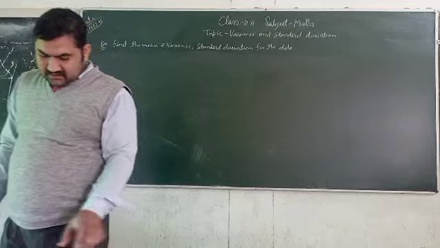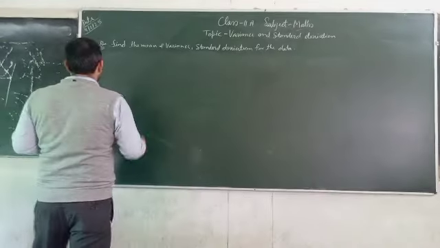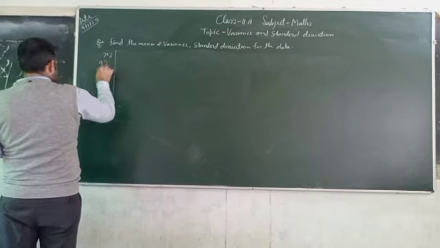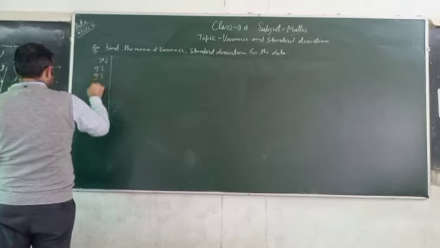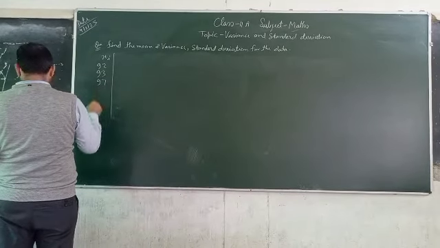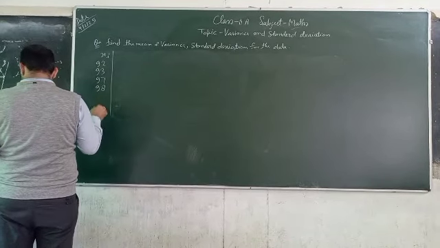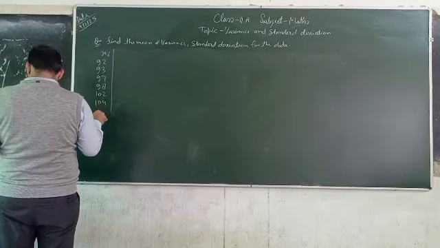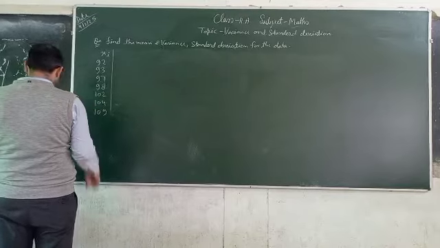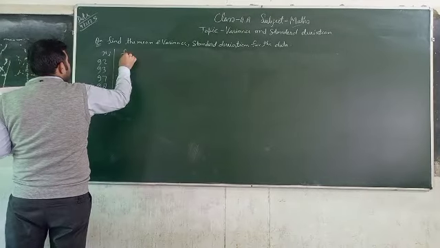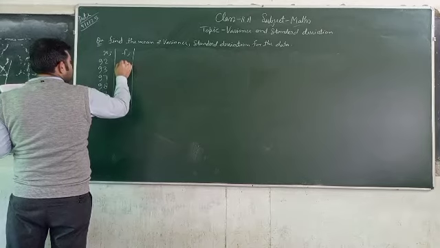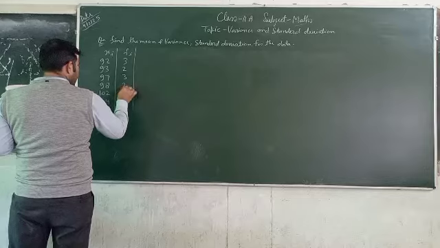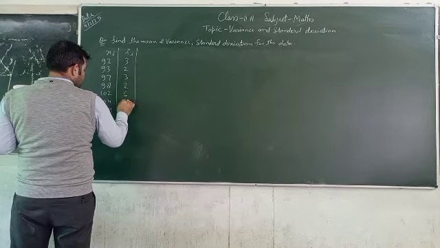are given. Now the data is Xi, and that is 92, 93, 97, 98, 102, 104, 109, and their respective frequencies are Fi, and that is 3, 2, 3, 2, 6, 3, 3.